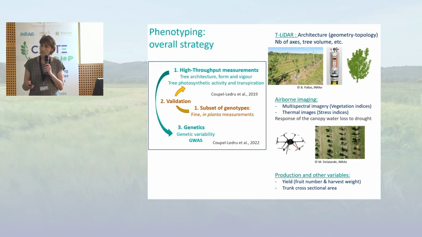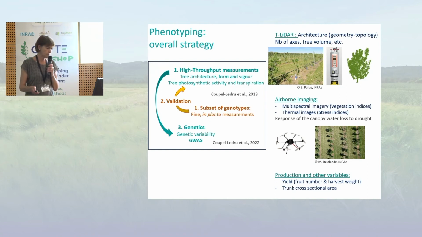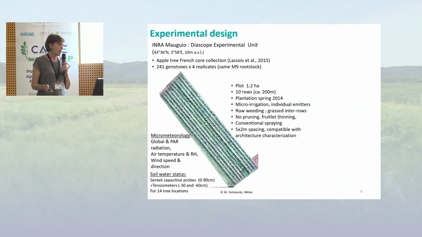This is the way we followed, and what I will show you today is the result we got during a postdoc study made by Haute-Coupe-Ledry, and we did two main papers in 2019 and 2022. The experimental design was near Montpellier in a Diascope experimental unit.